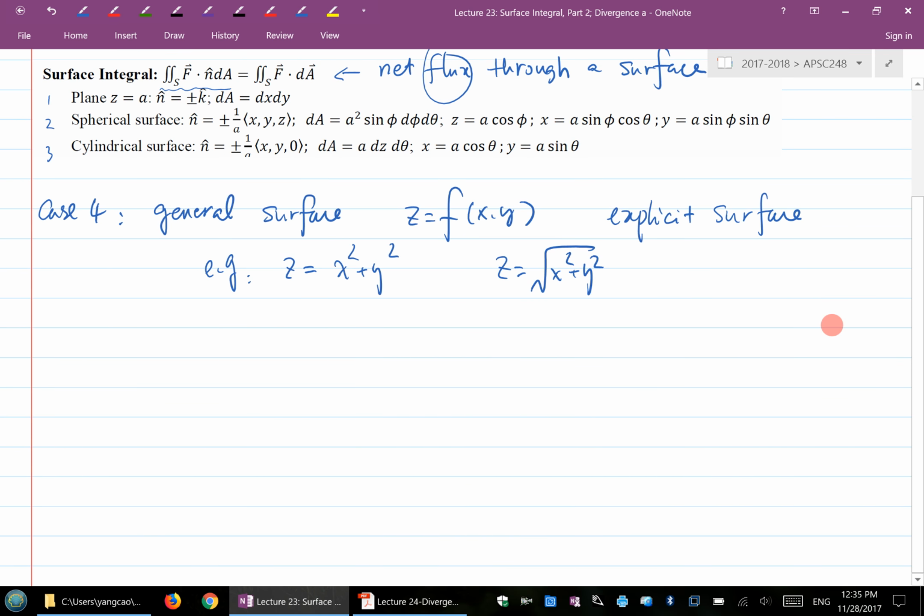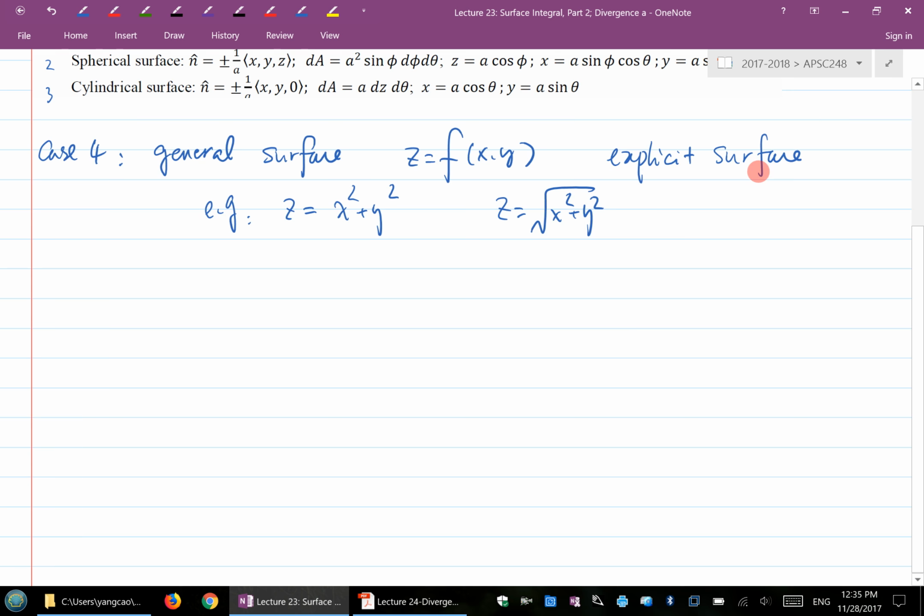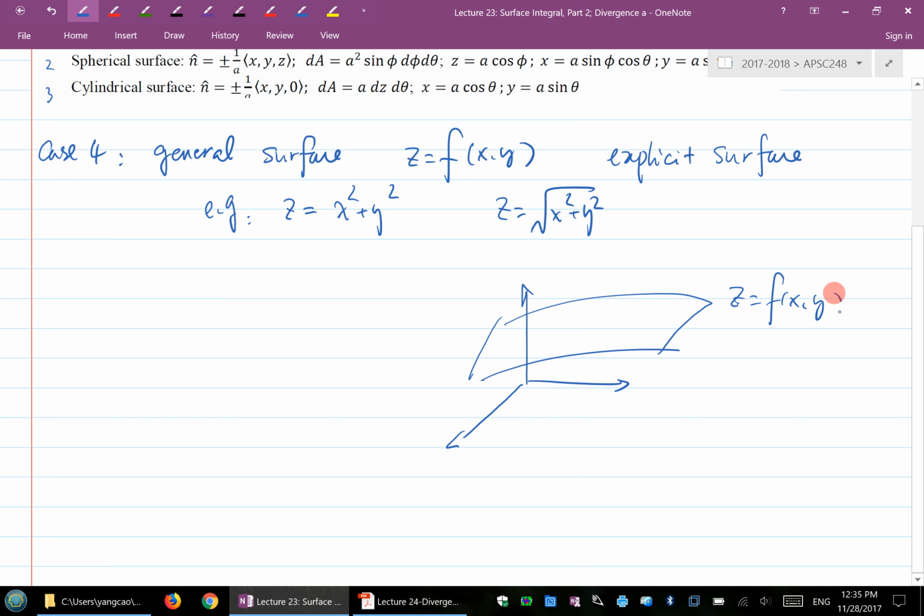Now, what we want to do is integrate the surface integral if you have a general surface described by this expression here. Let's say you have a surface z equal to f of x, y. That's a more general surface instead of just a spherical, cylindrical, or plane one.